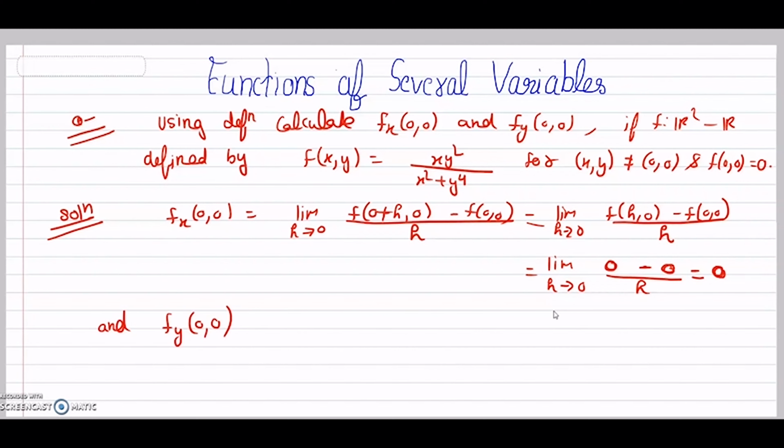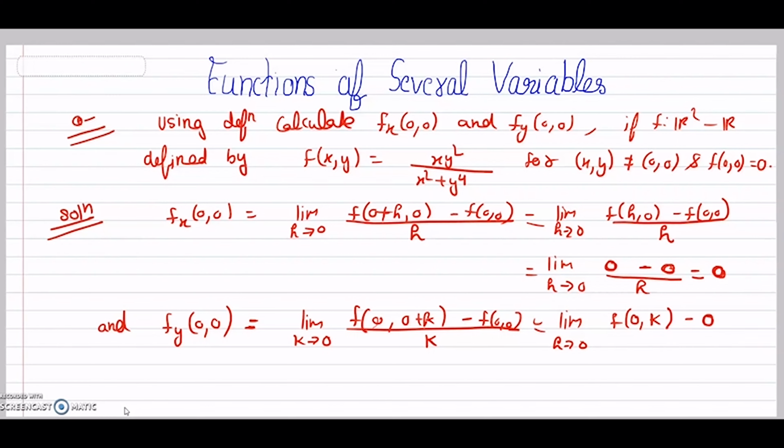Now the partial derivative of f with respect to y at point (0, 0) is equals to limit k tends to 0 f(0, 0 plus k) minus f(0, 0) by k, and it is equals to limit k tends to 0 f(0, k) minus 0 by k, f(0, k) is 0, then 0 minus 0 by k, and it is equals to 0.